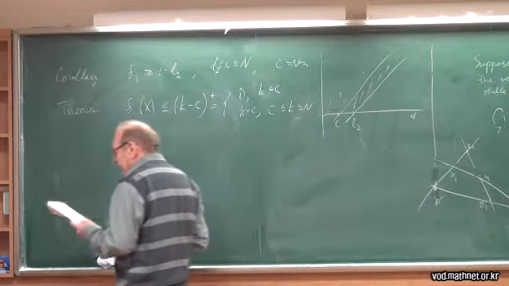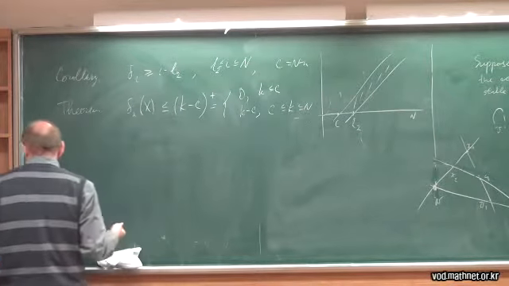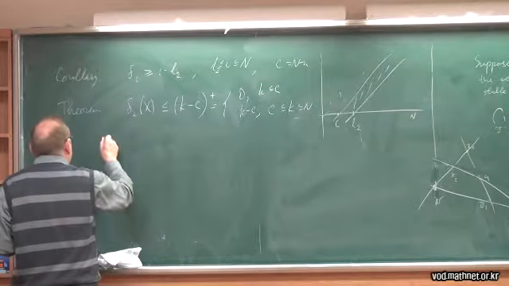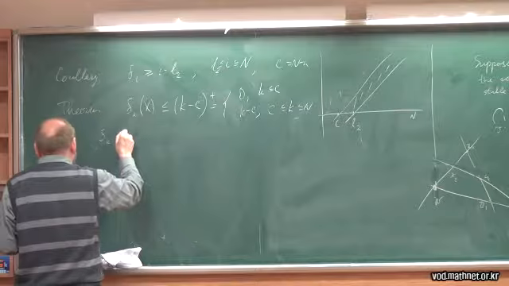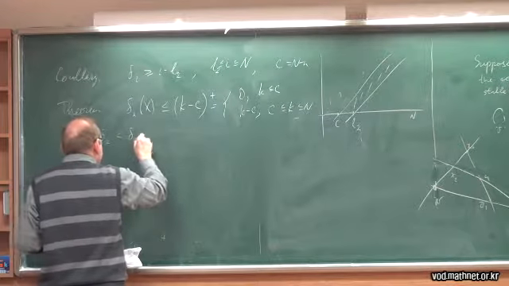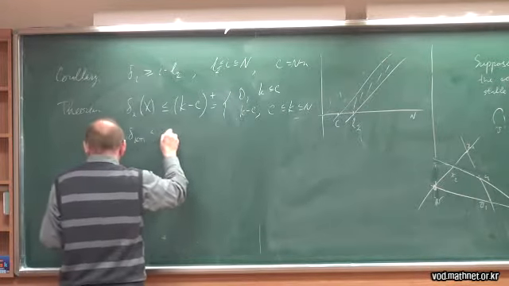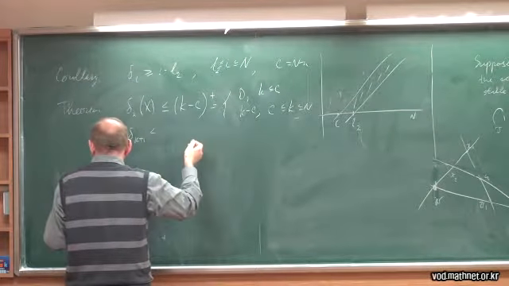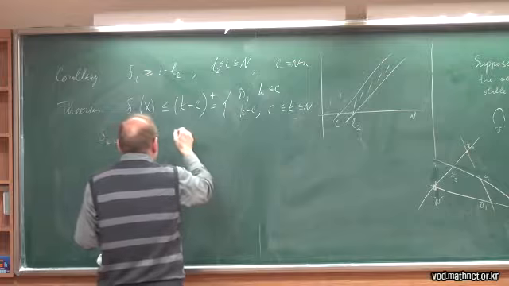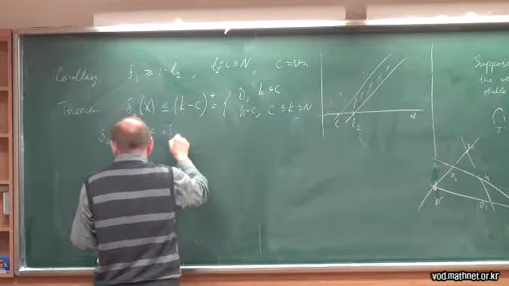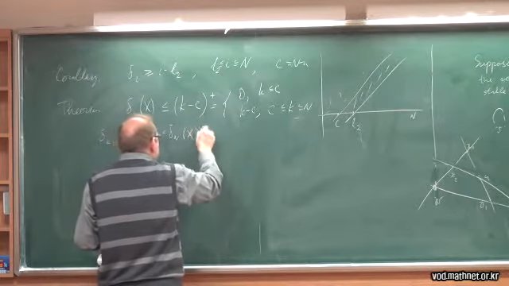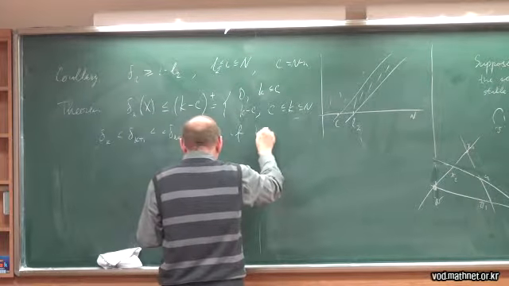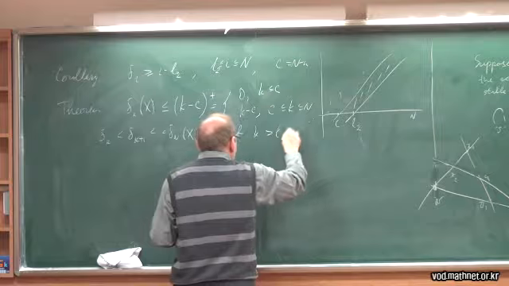Why is this? This is very easy, because we have that delta k, we have these inequalities, if k is larger than L2.